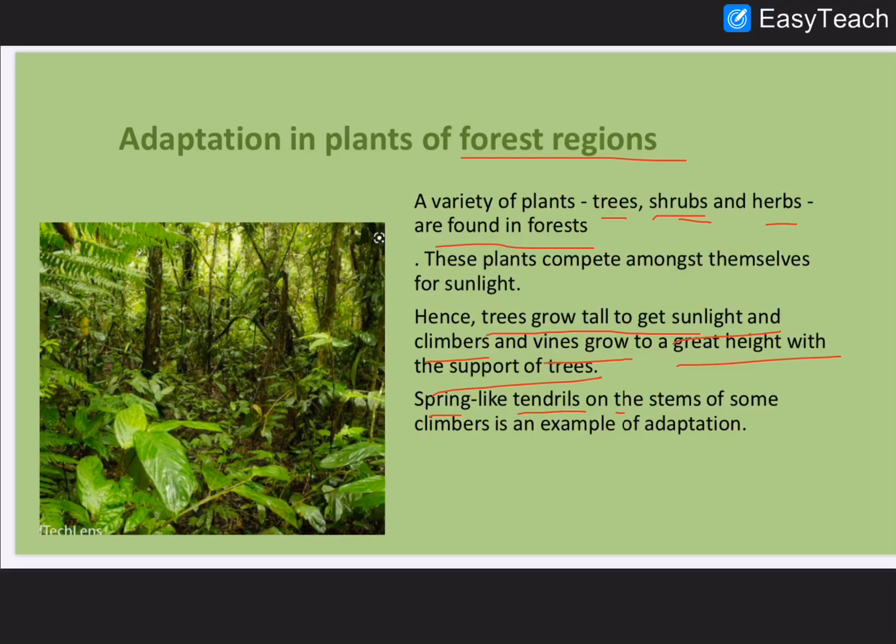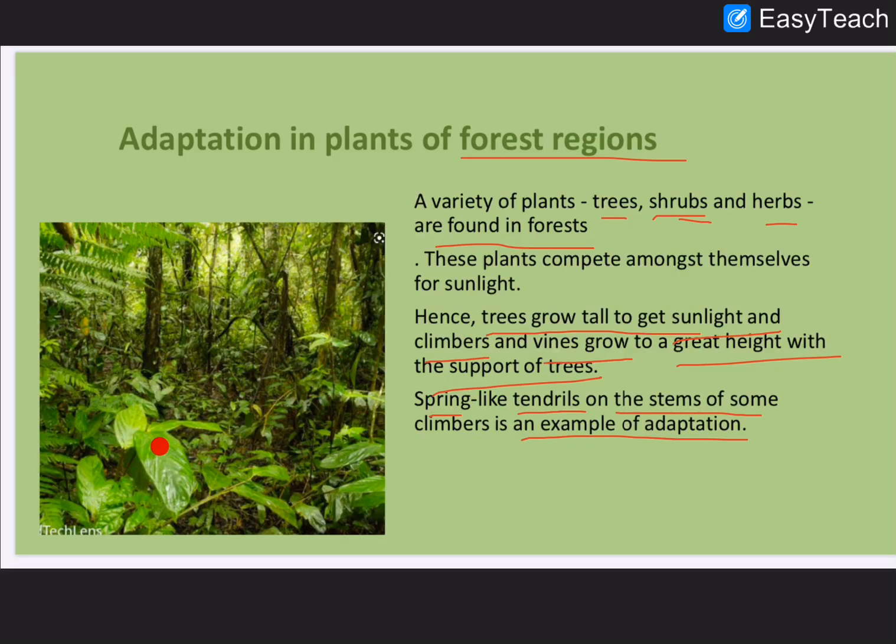Spring-like tendrils on the stems of some climbers are an example of adaptation. Tendrils, you can see in the image, are so many thin growths of plants, and leaves can be seen on trees. They grow on other plants and trees, like parasites.